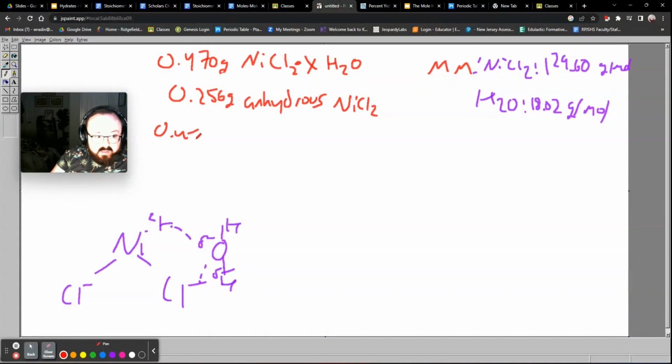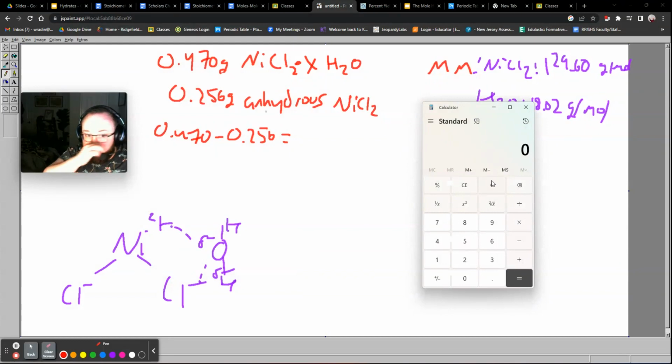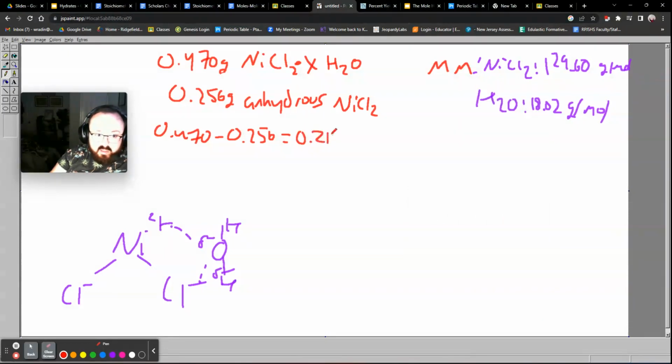So 0.470 is what we started with, the nickel chloride and the water, minus 0.256, which is the amount without the water. That's going to give us the mass of the water. The 0.470 is the nickel chloride and the water. The 0.256 is just the nickel chloride. So you subtract the two, and that's the mass of the water, because that's the only thing that has changed.